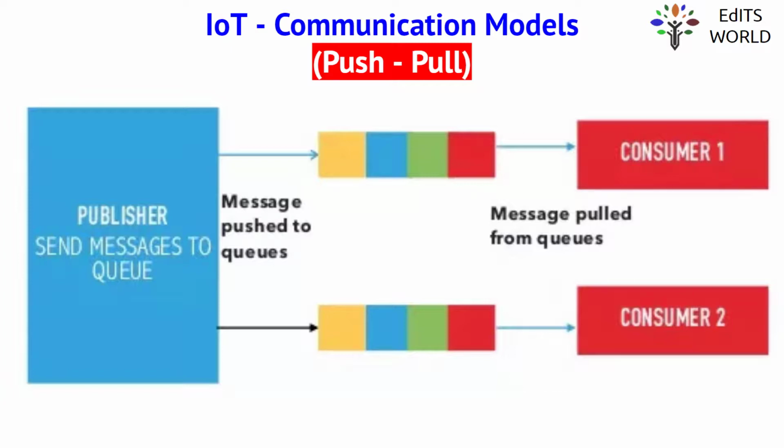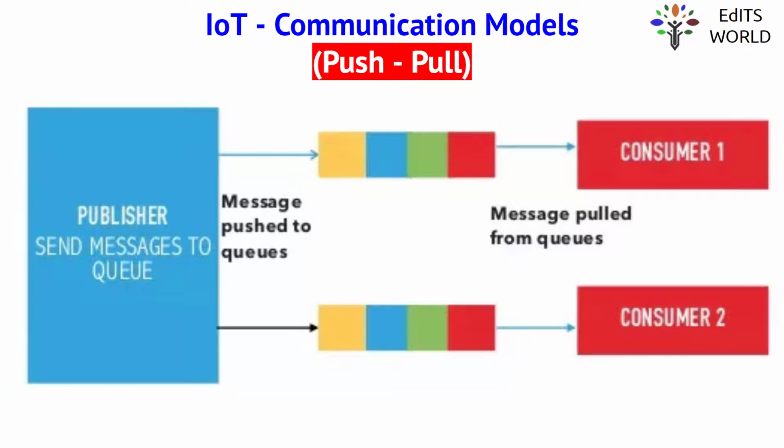The publisher pushes these messages, and when the consumer starts to receive them, he receives them one by one. This push-pull concept is based on a queue, and a queue works on the FIFO concept, first in, first out.